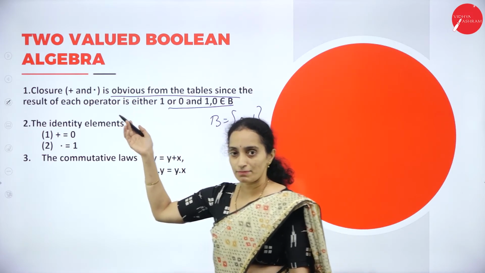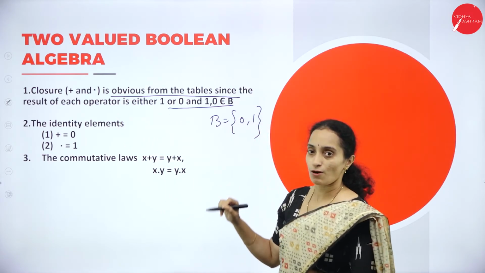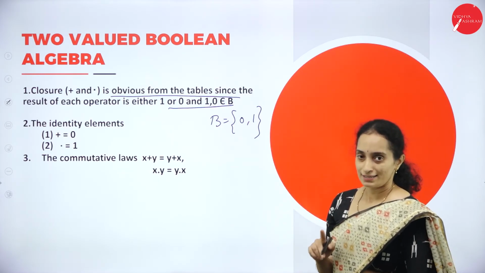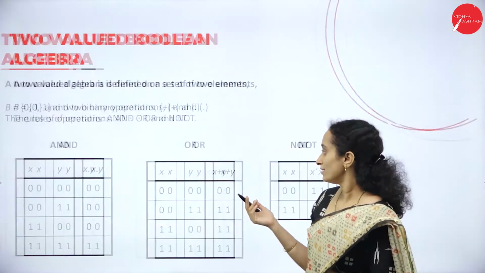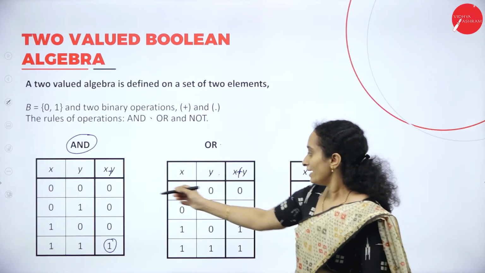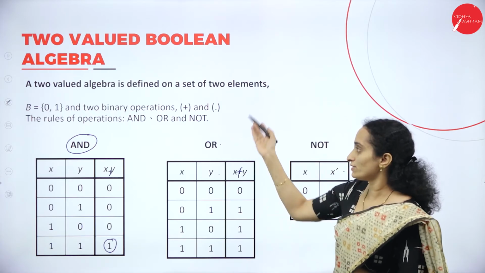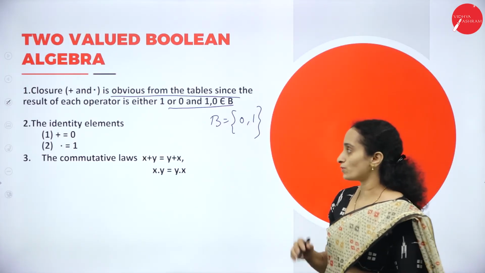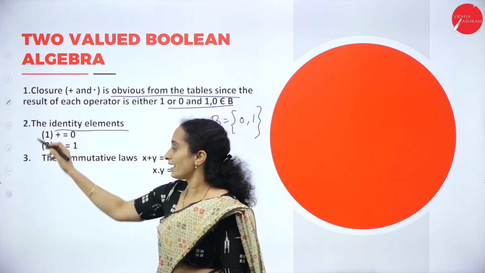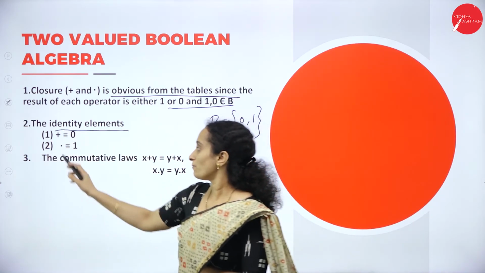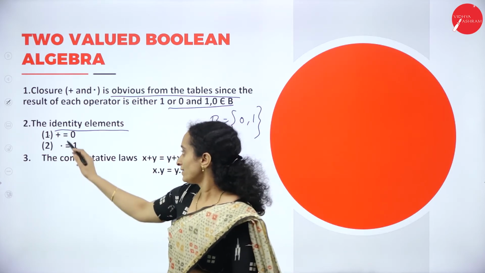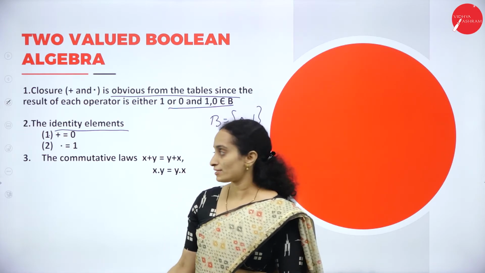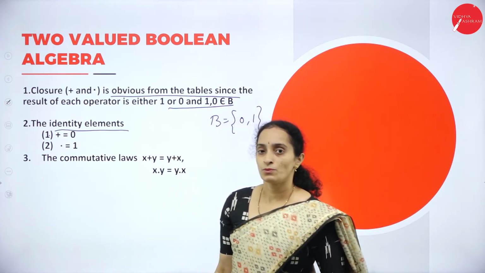Plus and multiplication both involve these operands, and the result will give you only 0 or 1. As we saw in the previous slide, it gives only the values which belong to the set B. Is it not? So closure will hold good. When you check for identity elements, when you apply the addition operator, you will get 0. When you use the multiplication operator, you will get 1.